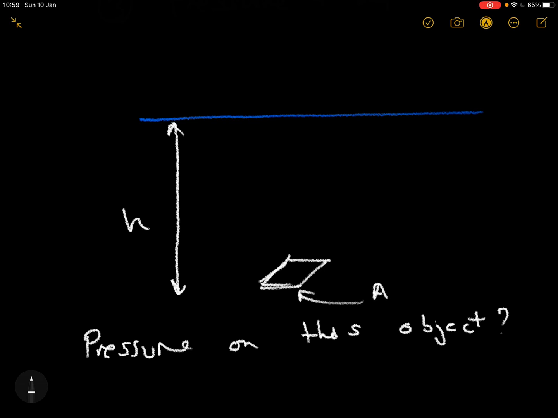We're going to say it has a cross-sectional area, and we'll use the symbol A.